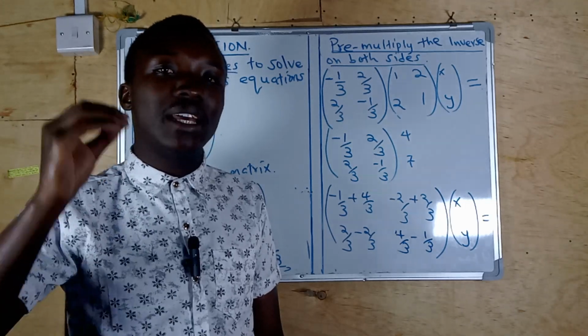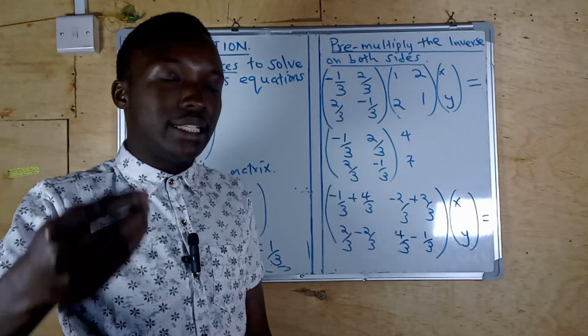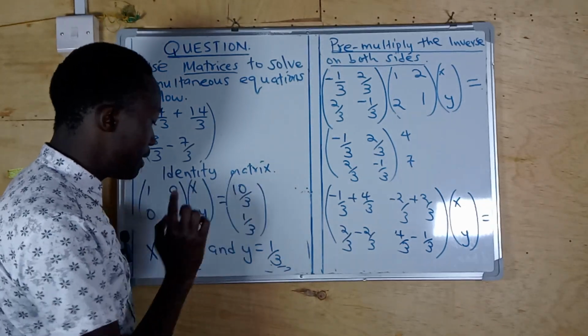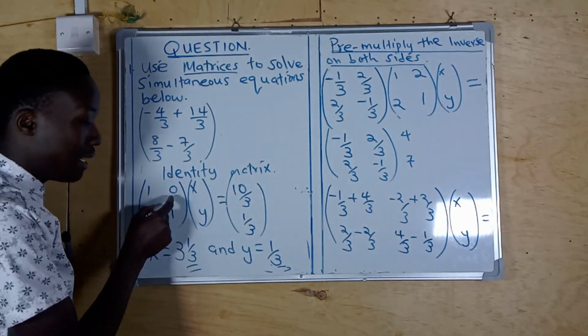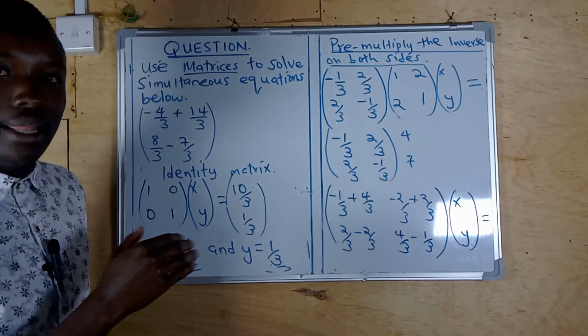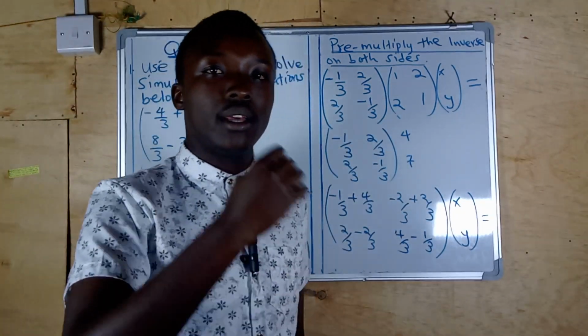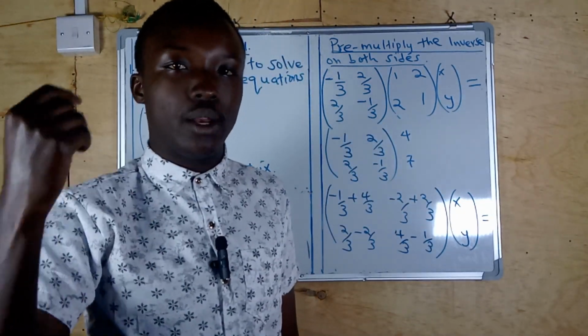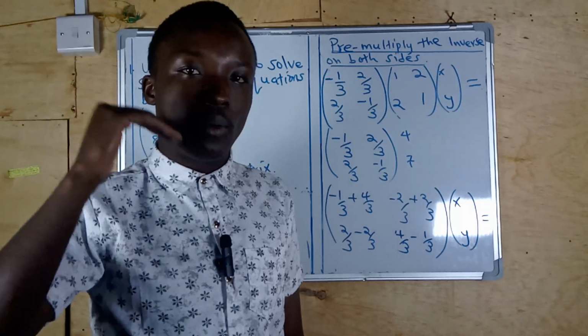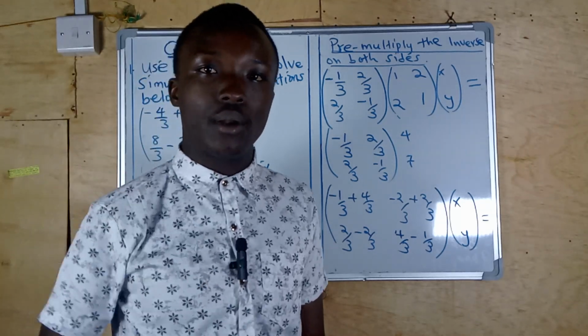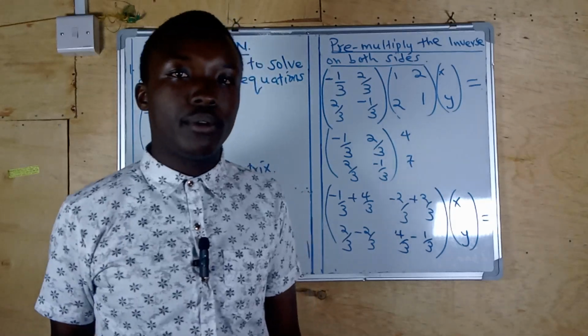Step number 5 is working out and determining the identity matrix. Once you get 1, 0, 0, 1, then on the other side of the equal sign, those are the solutions of x and y. The first one gives you the value of x and the second one gives you the value of y. As simple as that.